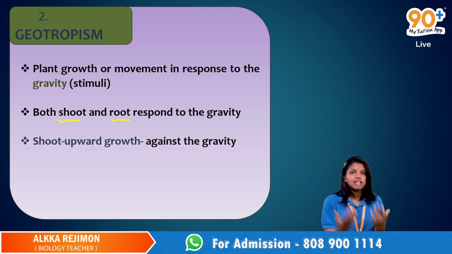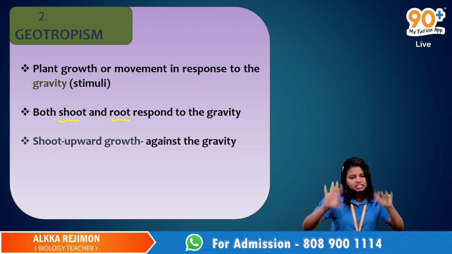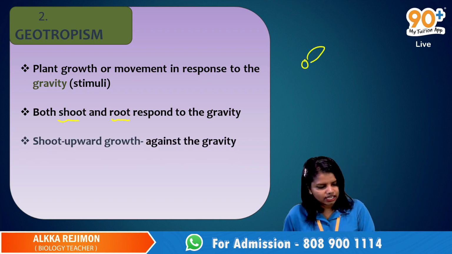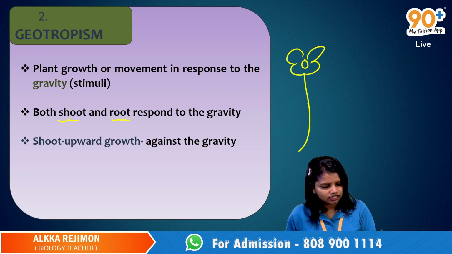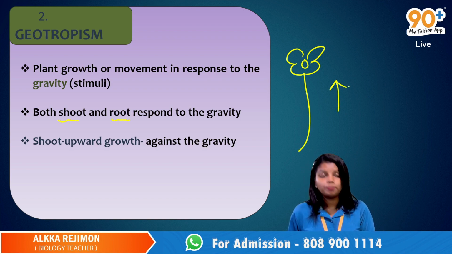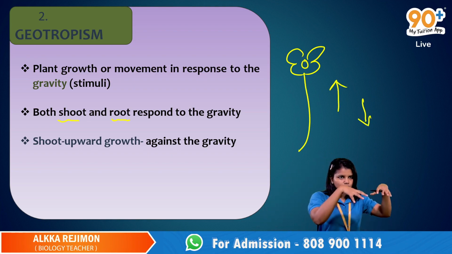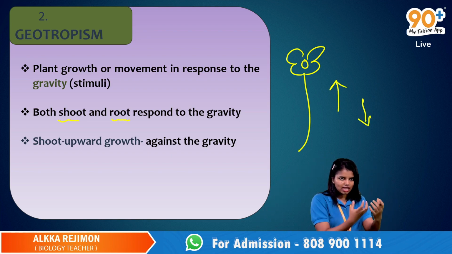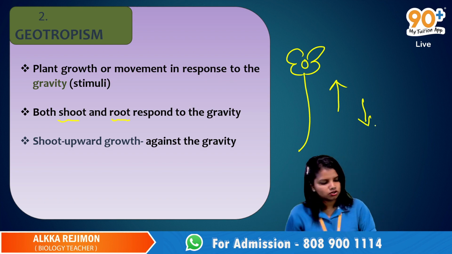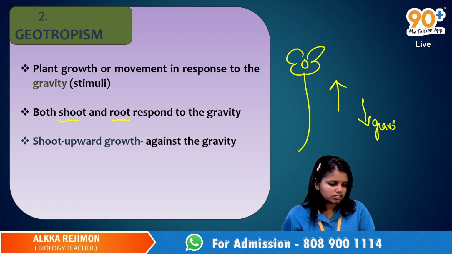Shoot always has the tendency to grow against the gravity. If you take the case of a plant, you can see that the plant stem always grows upwards, while the gravity is always a force going downwards, right? It's a pulling force towards the earth, so it is acting in the opposite direction. So gravity goes in the downward direction while the stem grows in the opposite direction.